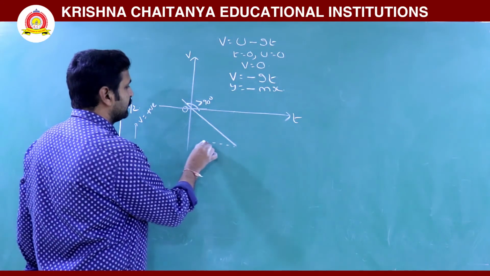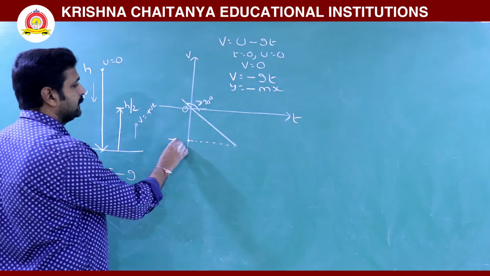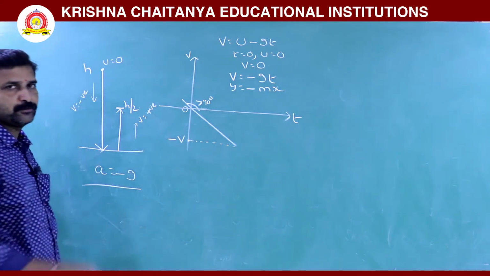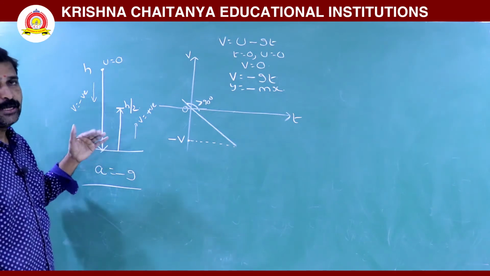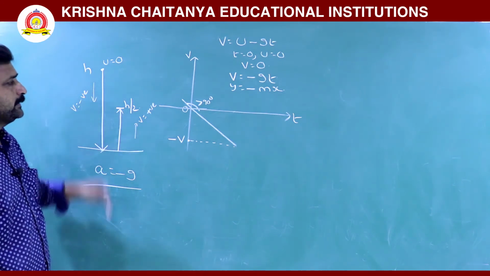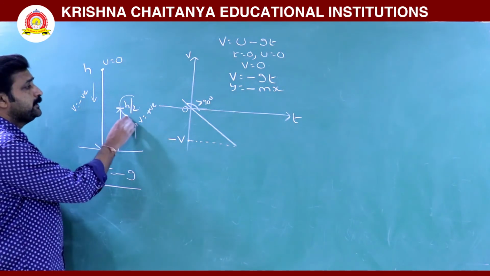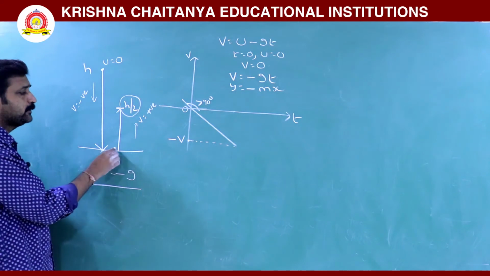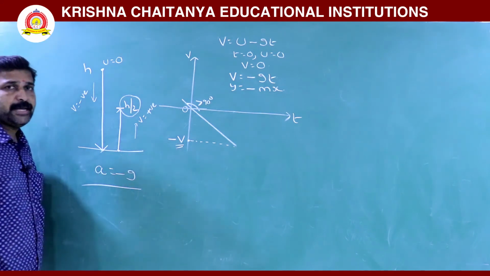Now it reaches maximum speed when it hits the ground. Thereafter, it turns back and moves to a maximum height of h by 2. That means, to reach h by 2, its velocity is not v. Why?